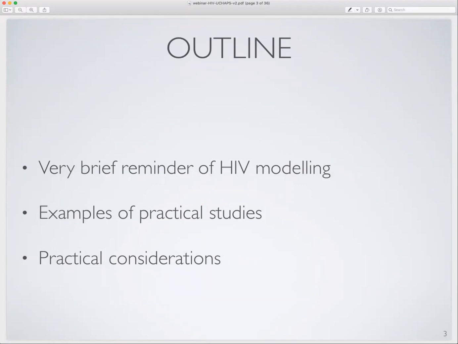Going through those examples will give you an idea of how other groups have done something that may be similar to what you may want to do. And finally, in the last section, I will deal with some practical considerations that you may want to have in mind before starting a modeling project.